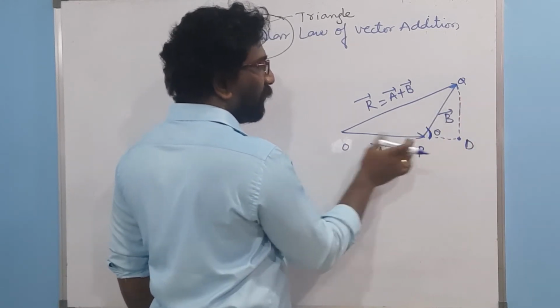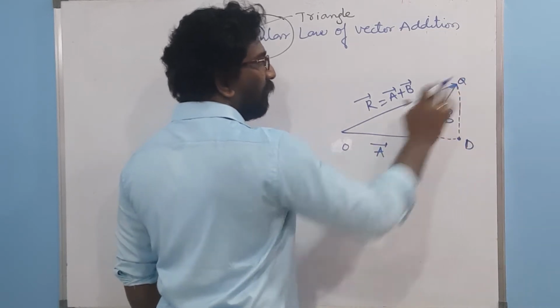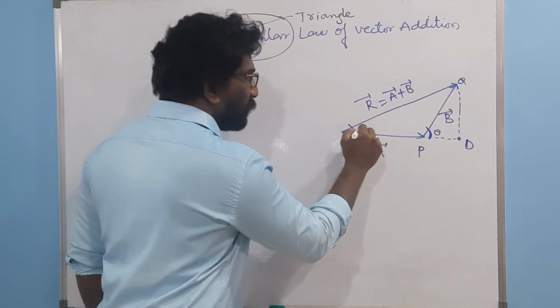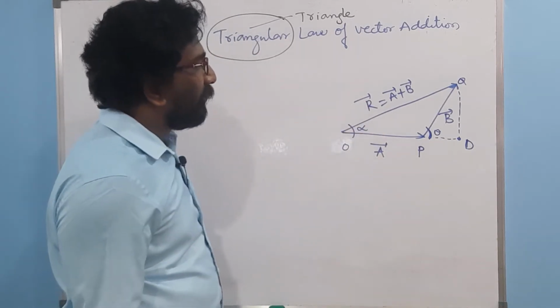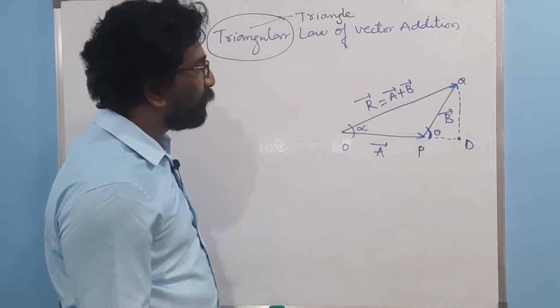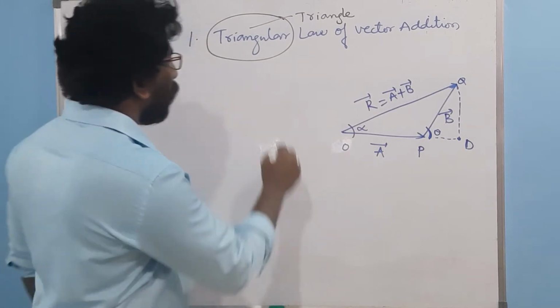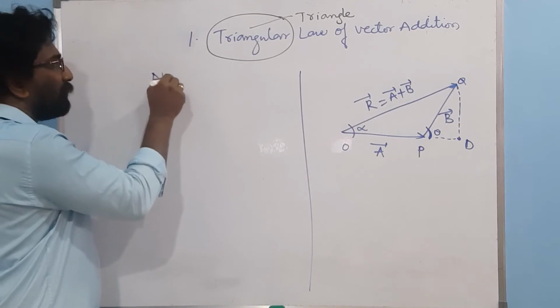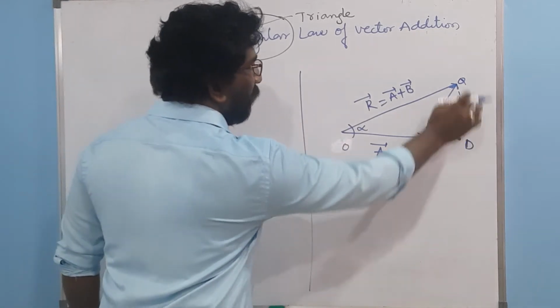Let me consider these two vectors which have some magnitude and are in one particular direction. Let the angle of this one be alpha. Now my new triangle is ODQ.